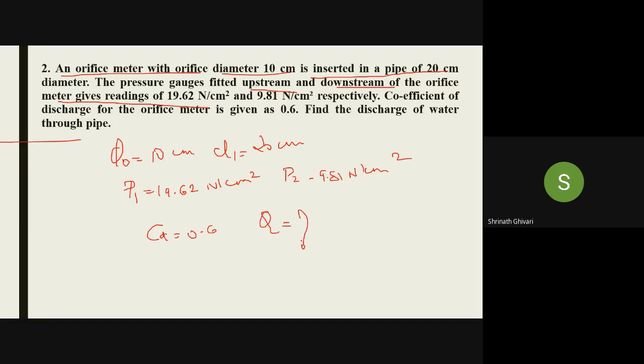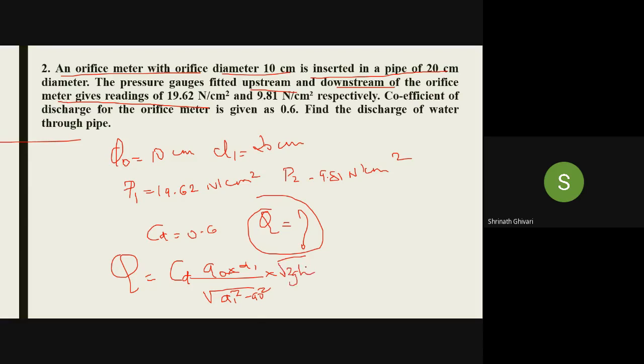Now here what we require, we know the formula, we need to calculate Q. So what is the formula for Q? Q equal to CD A naught into A1 divided by square root of A1 square minus A naught square, into square root of 2GH. Okay, this is the formula. Now, what all things do we have from this?